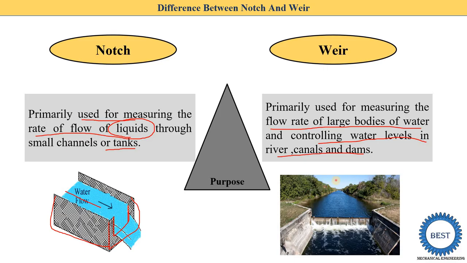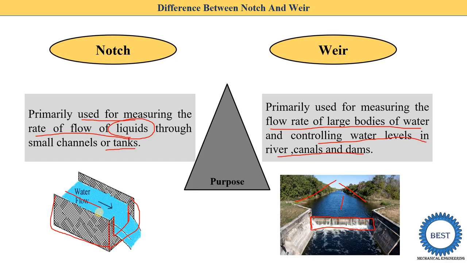Now here in this image we see a canal, and from the canal the water is flowing, and here we install one rectangular weir. The weir is made from concrete or masonry structures, and the notch is made from metallic materials. Whether we use the notch or weir, the water is flowing over it, and we just need to measure the height of the water, and from this height we are able to find out the flow rate of liquid or water.